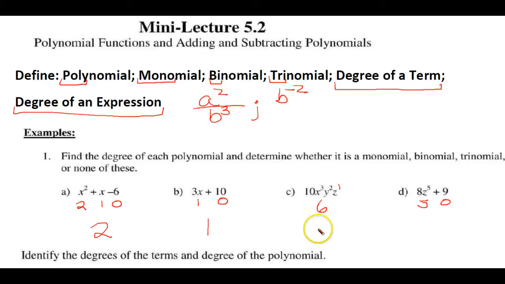The degree of this is 6. And the degree of this is 5. Now keep in mind this is a trinomial with 3 terms, a binomial, a monomial, a binomial. But remember, they're all polynomials. Let's go on.